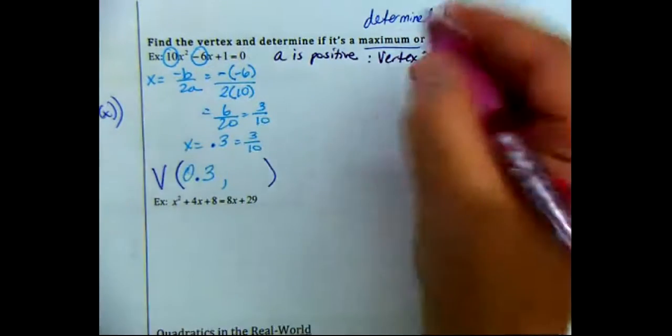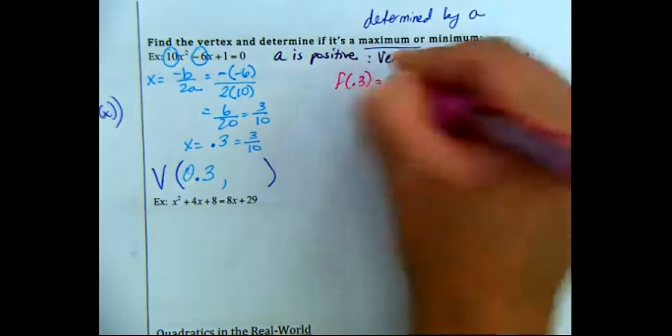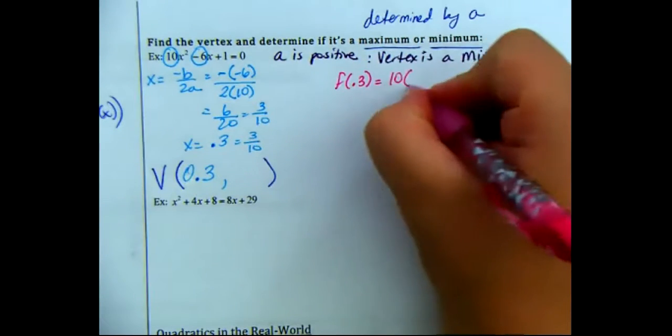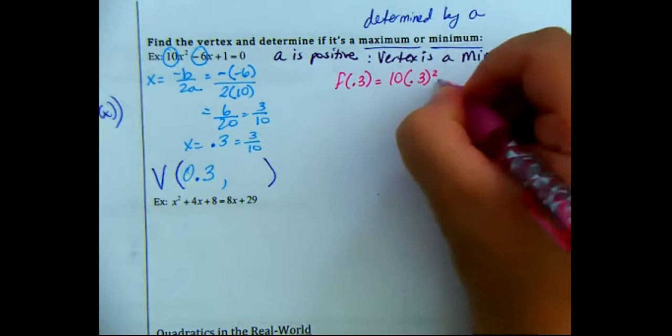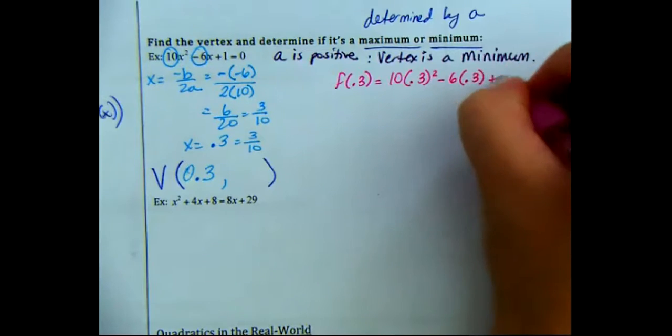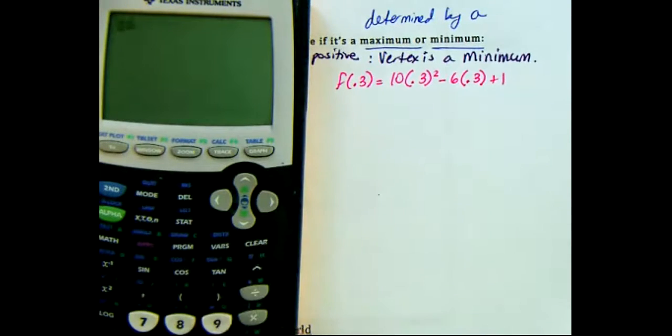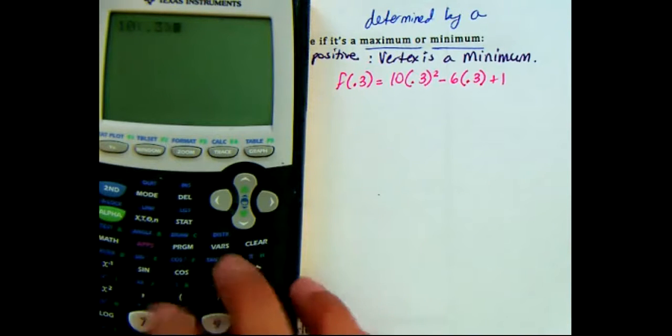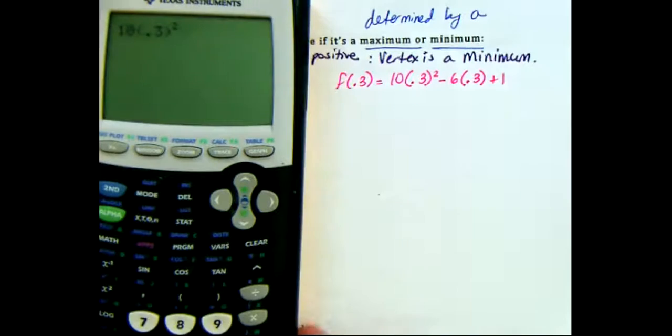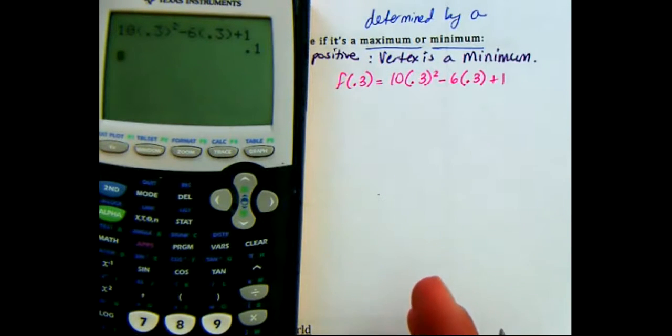So f of 0.3 is equal to 10 times 0.3 squared minus 6 times 0.3 plus 1. Honestly, you don't need to go through all the tiny little steps of finding your vertex. If you want to just put this exact thing into your function and calculate it, you absolutely can. There's nothing stopping you. Or if you want to see each part work out, you can do each little part.